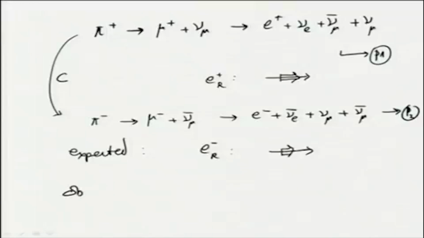What is observed experimentally is that the electron is always left-handed. This says that charge conjugation is violated, C violation.